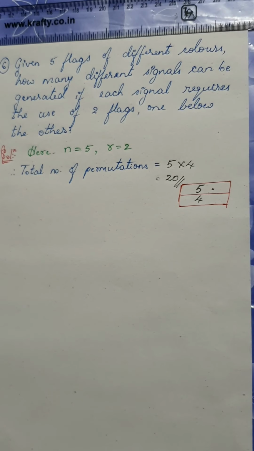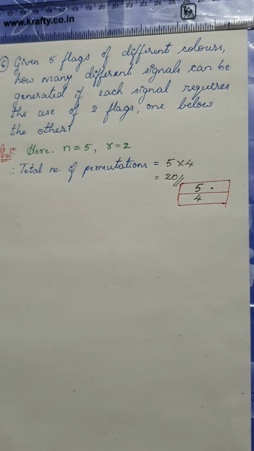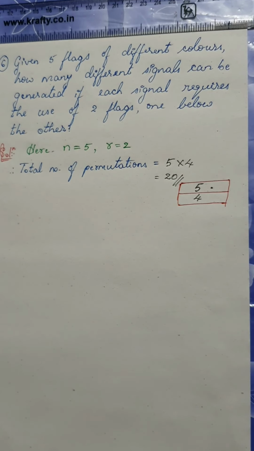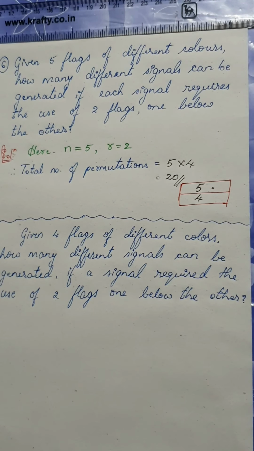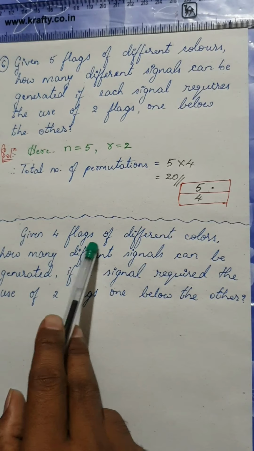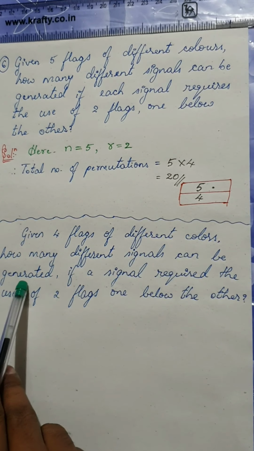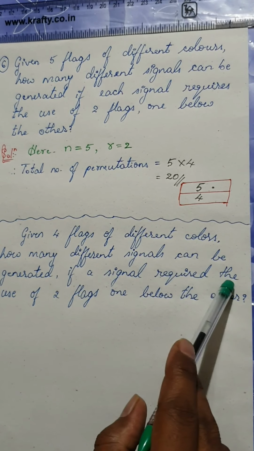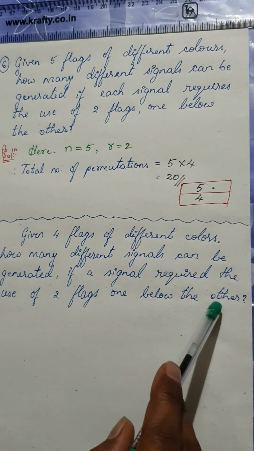Right students, it's time to wind up the session. Before I close this session, I'll give you one similar question as homework, and then we can say bye. So here comes the question for you as homework, dear students. Given 4 flags of different colors, how many different signals can be generated if the signal requires the use of 2 flags, one below the other?